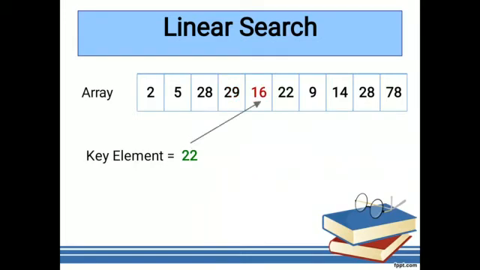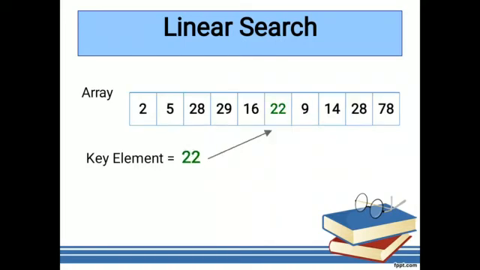Simply, the i value is incremented every time. Now the i value is incremented, and at index 4 the 16 is compared with the key element 22. Here also it is not found, so it will move to the next element. When it moves to the next element, the value is 22 and the key element is also 22.